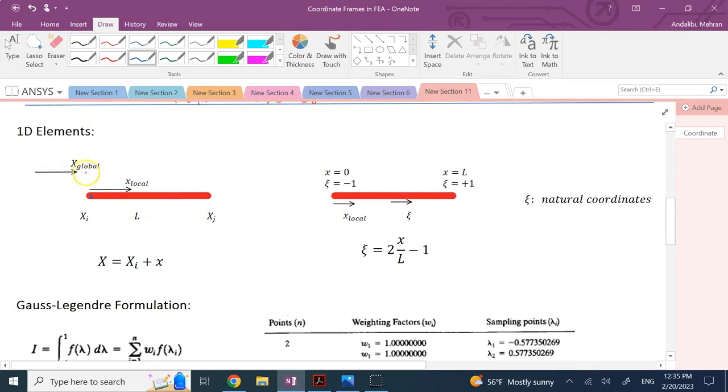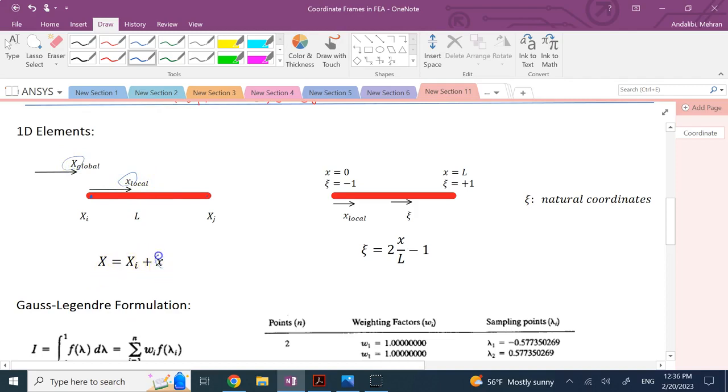Now, if my positive direction of x is to the right, then I start my origin of the local frame at the left node. So the beginning of the element is on the left and the end of the element is on the right. So now, what's the relation between the local frame and the global frame? It's very simple.